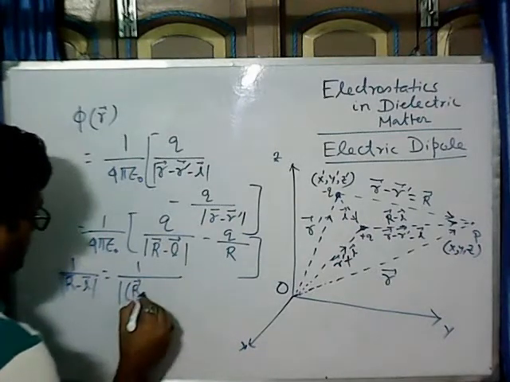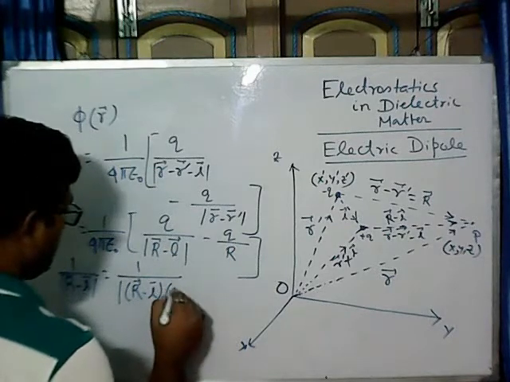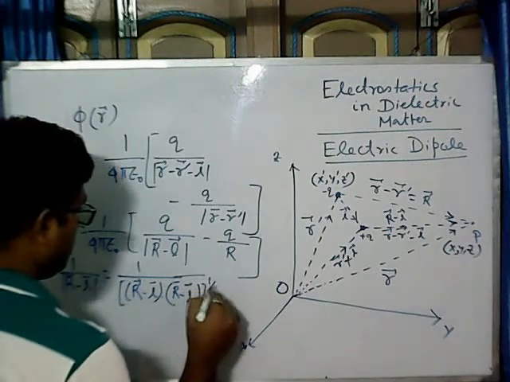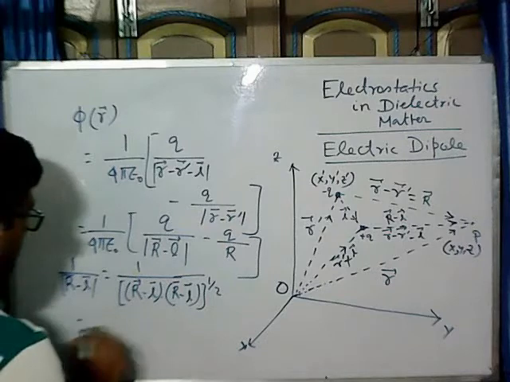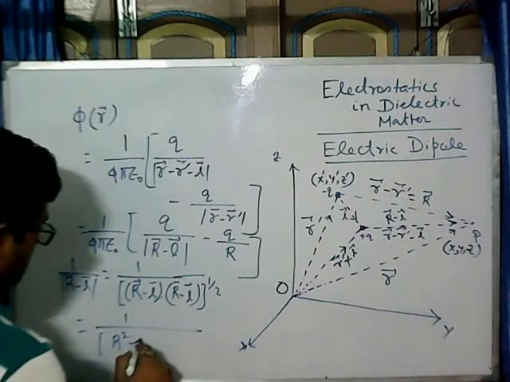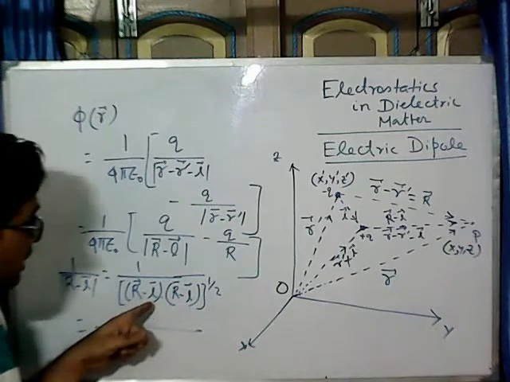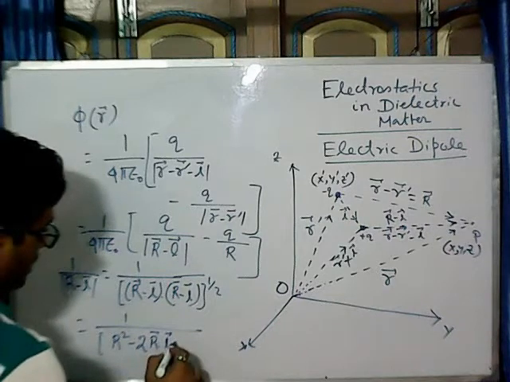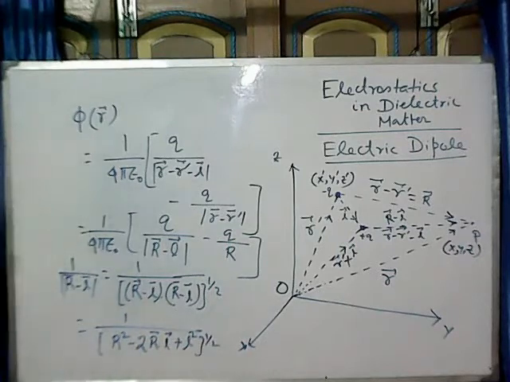Inside the mod sign we can write R minus l to the power half, which becomes R square minus 2 R dot l, plus l square, all to the power half, right?